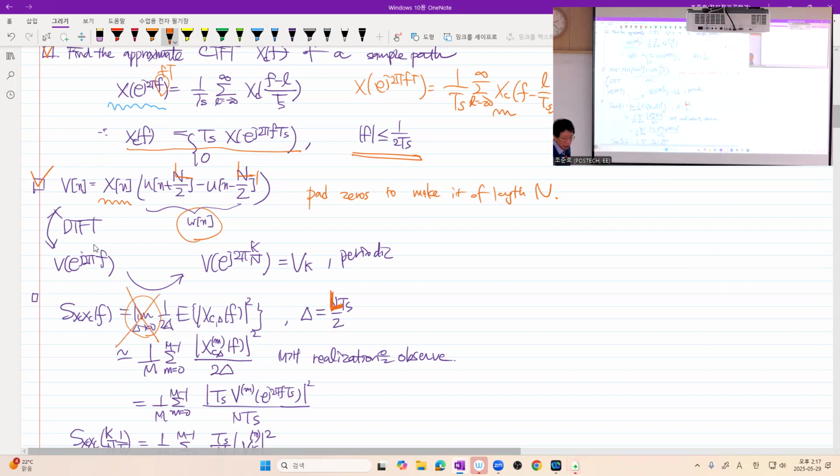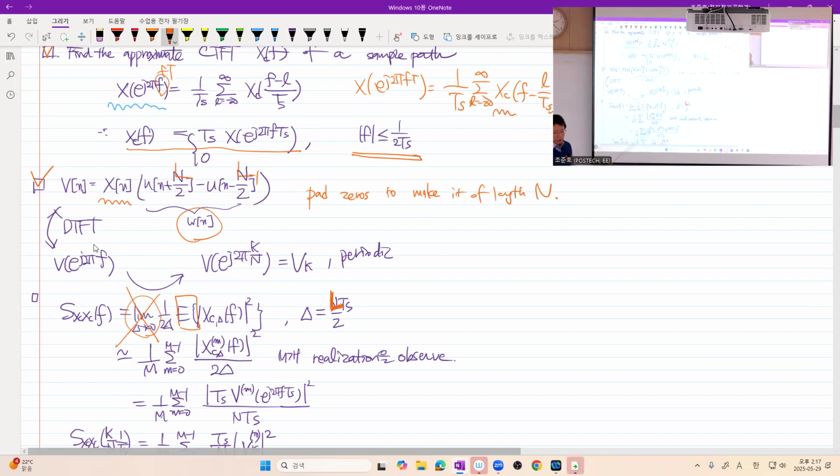But what we do is that we assume that we observe M independent or uncorrelated realizations, and this superscript is the index of each realization.